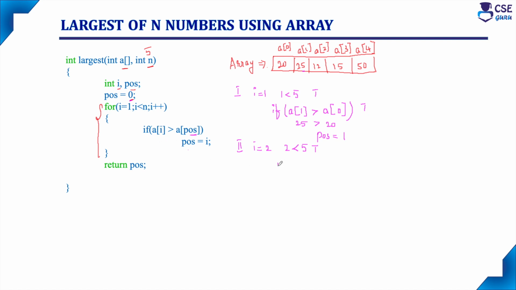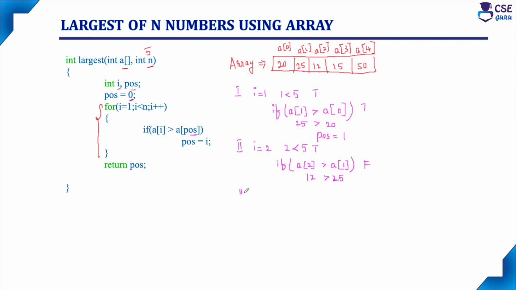Inside the for loop, there is an if statement, that is, if A of 2 greater than A of position. Position is nothing but 1. So, A of 2 position, what is the value? That is 12. 12 greater than 25? Condition fails. So, it will not reinitialize the position value. It will exit the for loop.